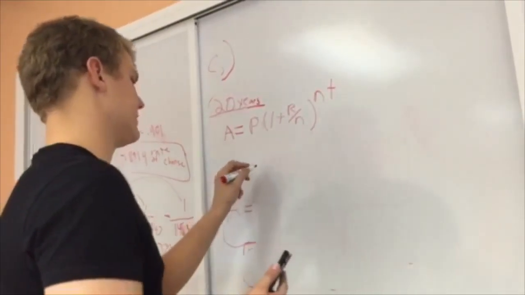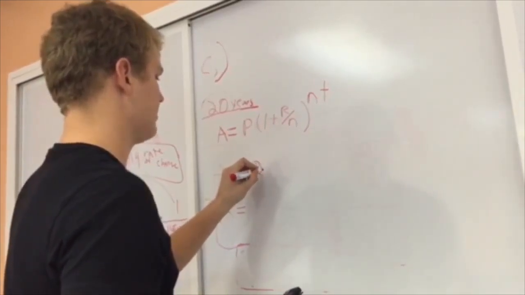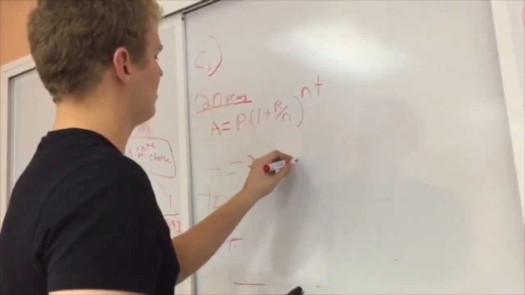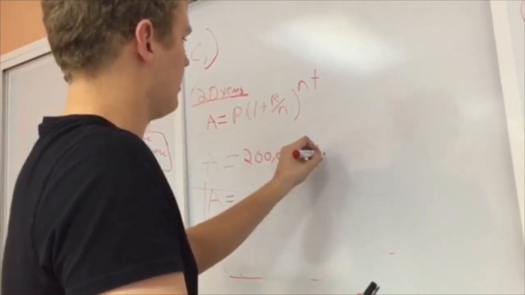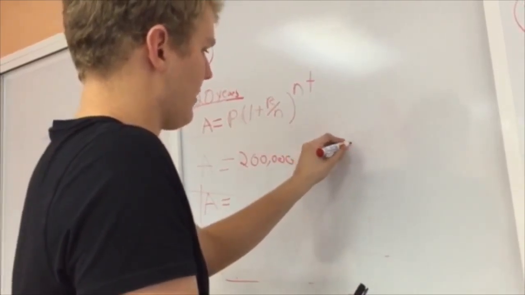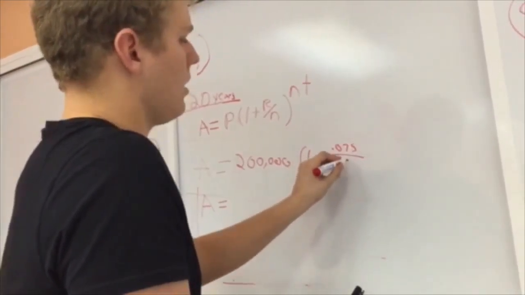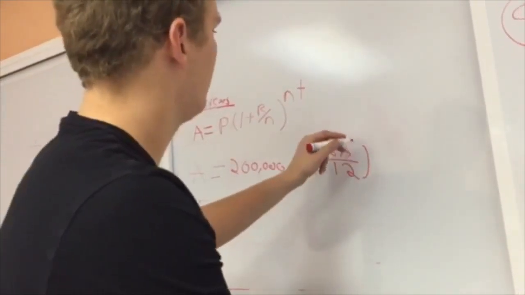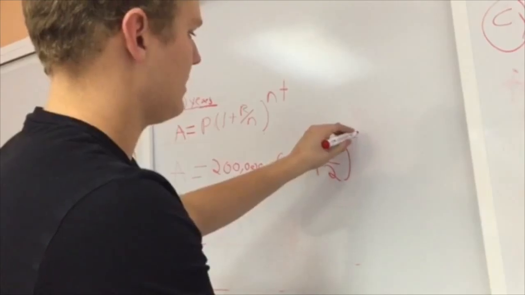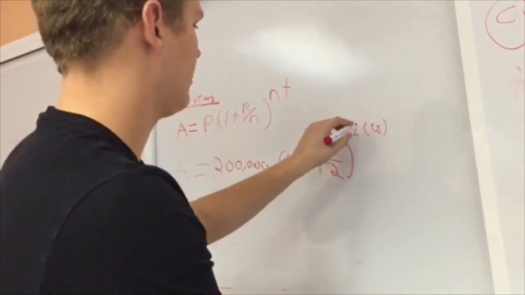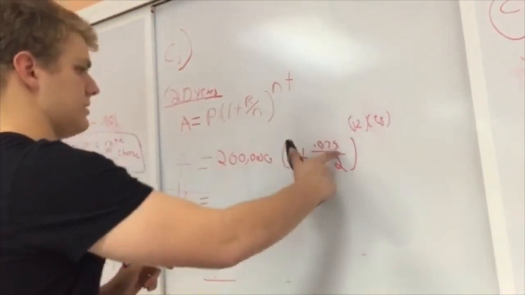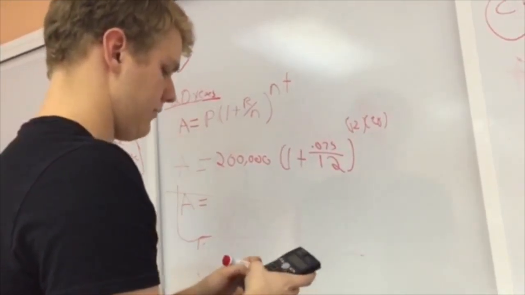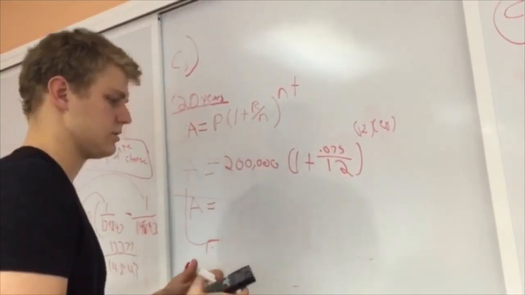You would know, it's again 200,000 times 1 plus rate, which is 0.075, over the number of times you're going to pay in a year, and there you go again, the number of times and how many years, which is 20. So you're going to do this multiplication, which will give you 12 times 20 is 240.